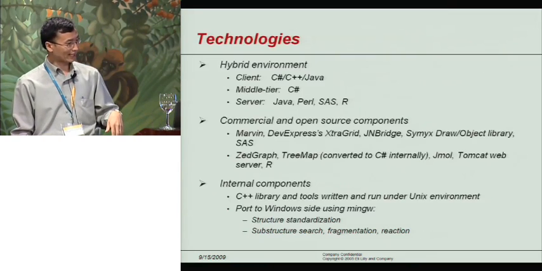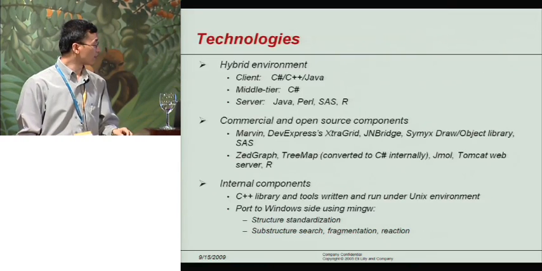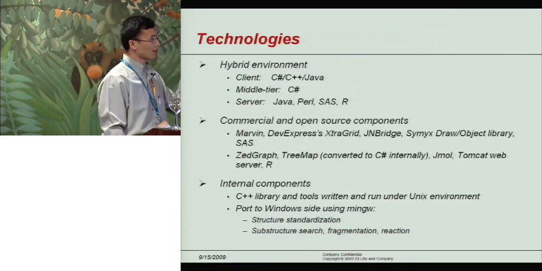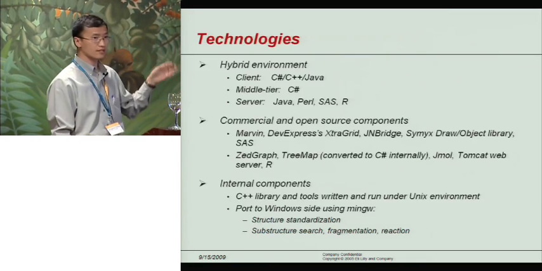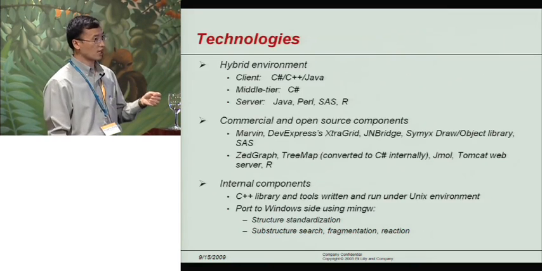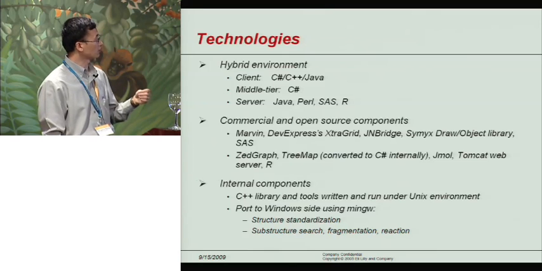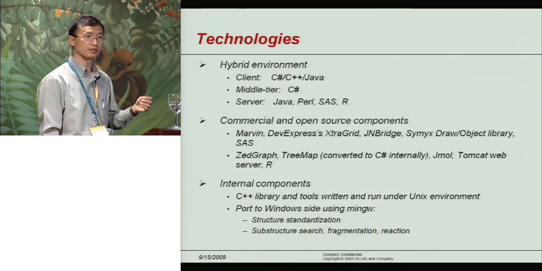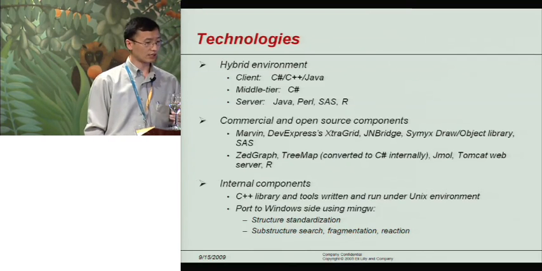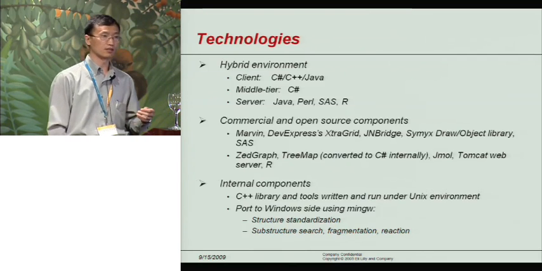Quickly going through the technology, it is a hybrid environment. On the client side, C#, C++, and Java code, and on the server side, because most of the servers are on Unix, Java is dominant, but we also use Perl or SAS and R to do model building and model prediction. We also integrate all kinds of commercial or open source components.